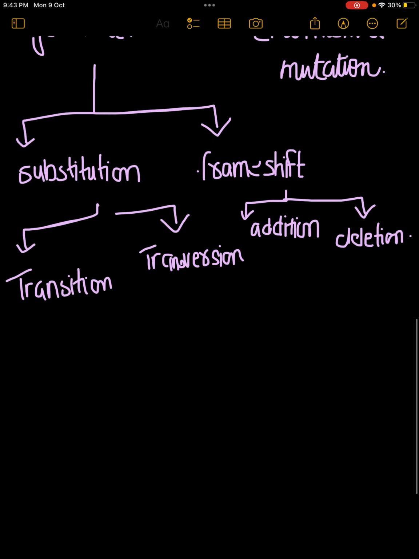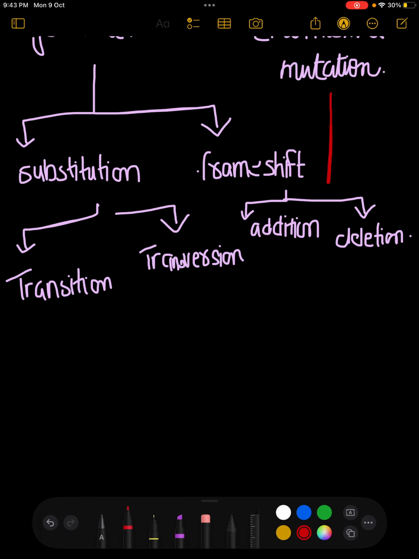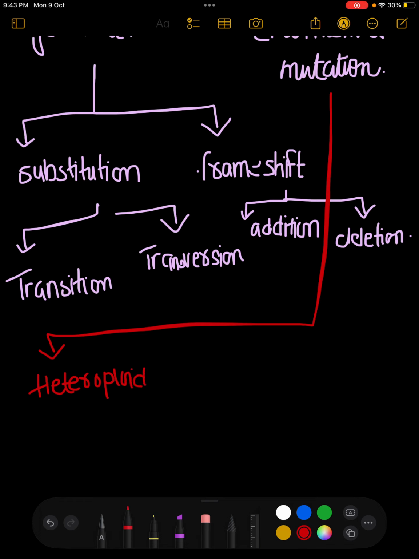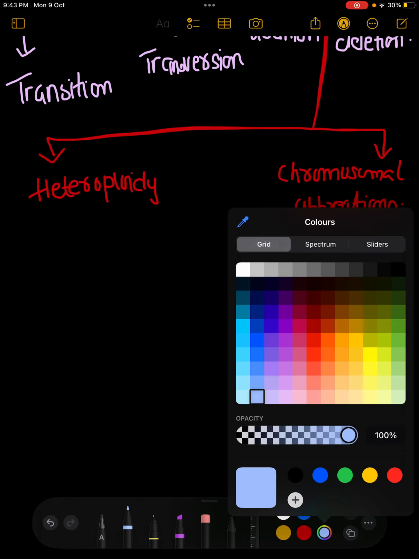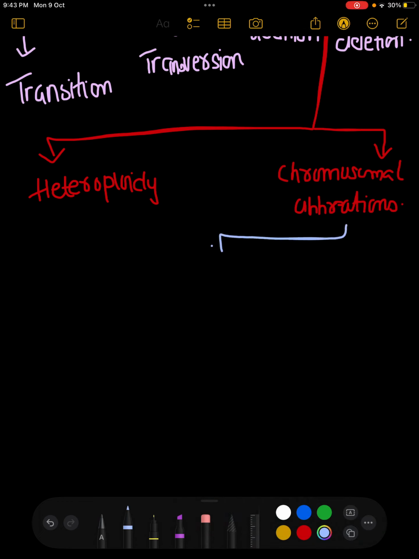Then this chromosomal mutation is further divided into heteroploidy and chromosomal aberrations. These chromosomal aberrations are divided into four things.